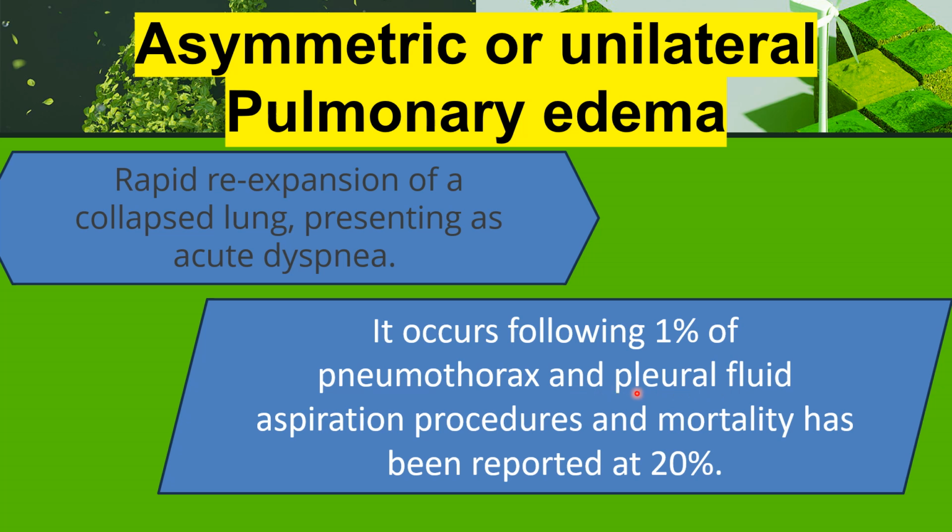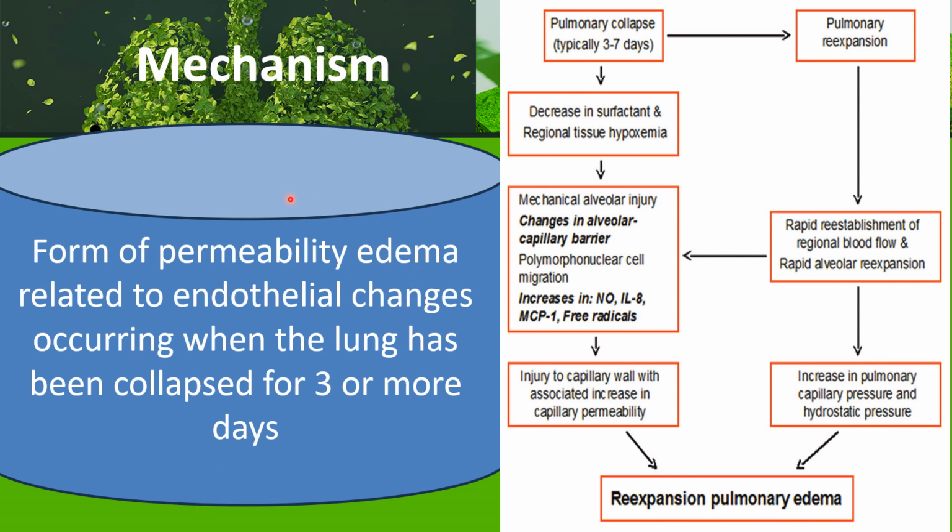So once we aspirate the fluid rapidly, this collapsed lung will reopen or re-expand and can cause acute dyspnea and asymmetric or unilateral pulmonary edema. What is the mechanism?